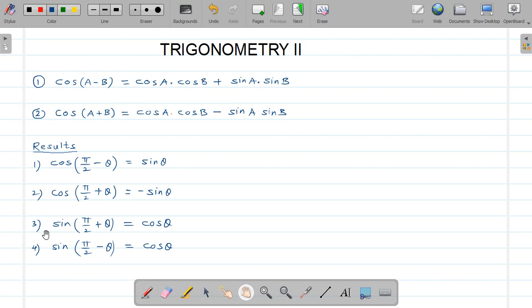Then third one is sin of pi by 2 plus theta is equal to cos theta, and sin of pi by 2 minus theta is equal to cos theta. All these four results are very important to prove the compound angle formula for sine ratio. So today we will derive the compound angle formula for sine ratio.